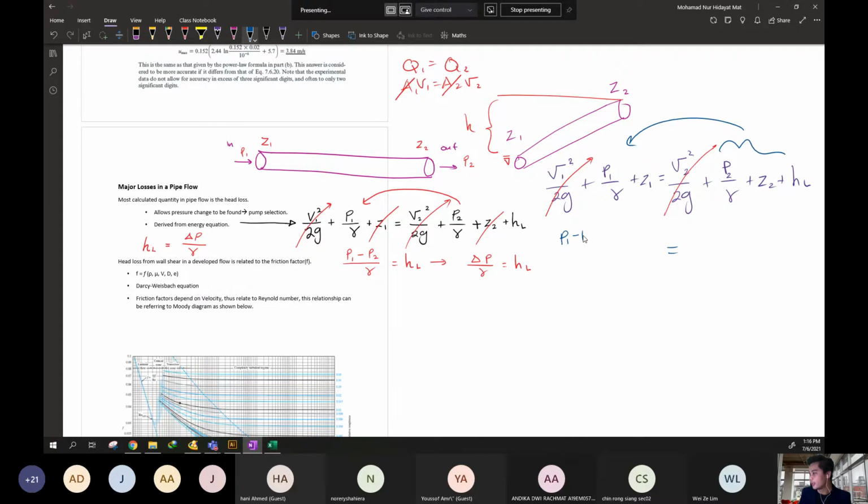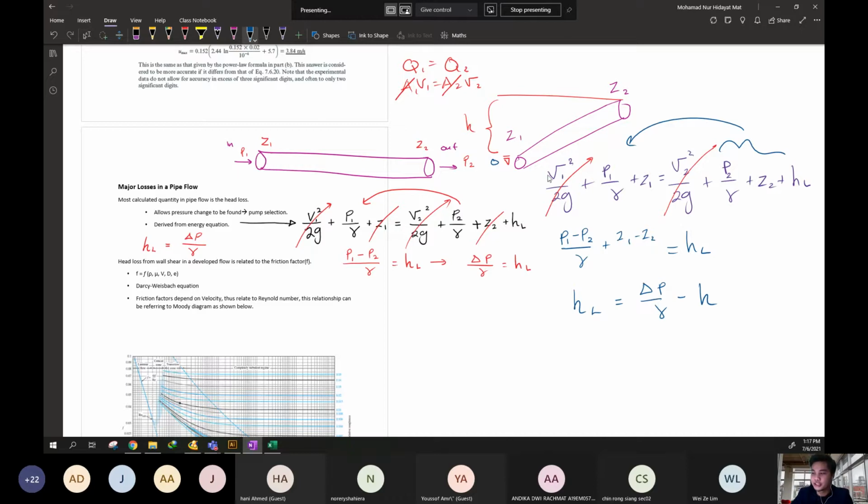So the heat loss is delta P over gamma plus Z1 minus Z2. This is 0, this is H, so negative H. You can see that the heat loss directly depends on the pressure drop and the height as well.